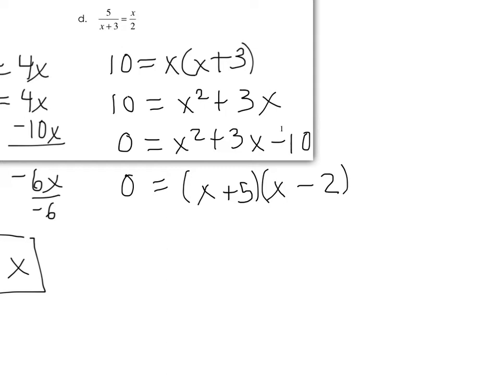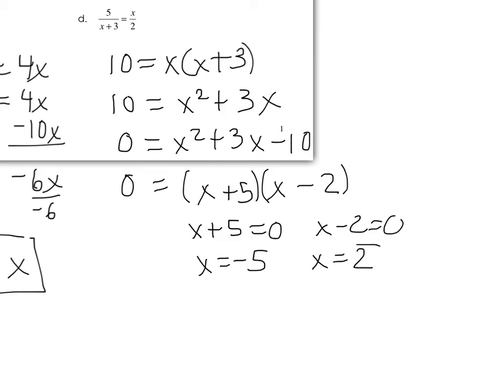So we have this factored equal to 0, so we know to set each factor equal to 0. That gives us x equals -5, x equals 2. We have two solutions. Either one of these numbers, when substituted into the original equation, will make a true statement. Try it. You'll see that both answers are good solutions to this problem.